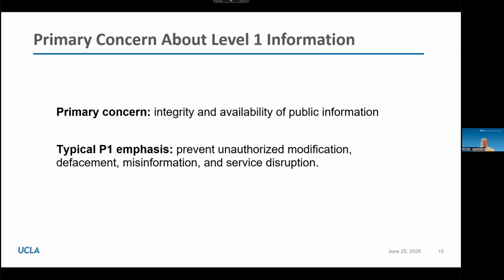So we want to put controls in place to prevent unauthorized modification, defacement, misinformation, and service disruption. And when I talk about putting controls in place, I'm talking about working with IT to make sure that there's adequate controls around the information. Like for the higher level classifications, we'll talk about encryption and those kinds of controls.